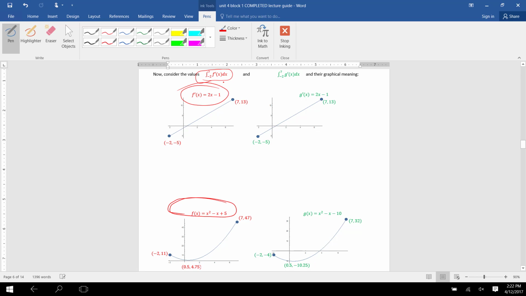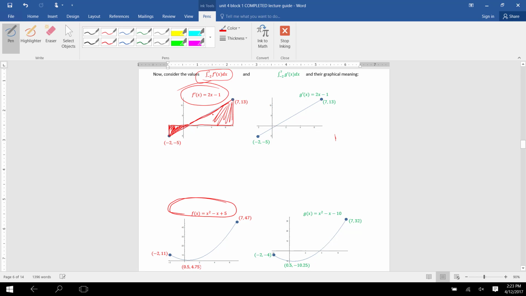So first, to find the integral of f prime of x dx from x is -2 to 7 means we're going to find the area between the x-axis and the rate function from x equals -2 to x equals 7, where we count any area below the x-axis as negative.